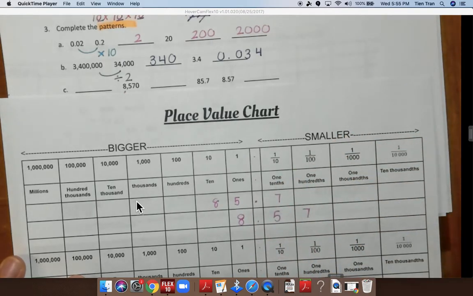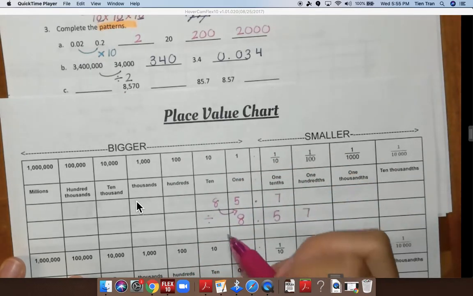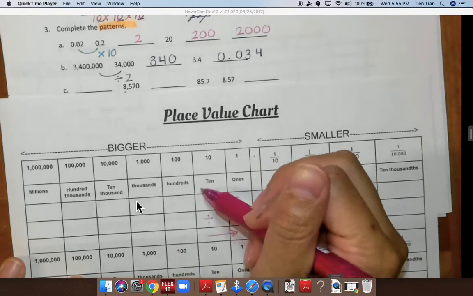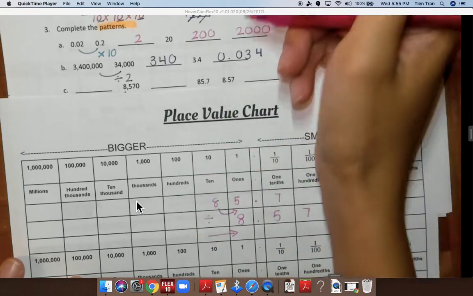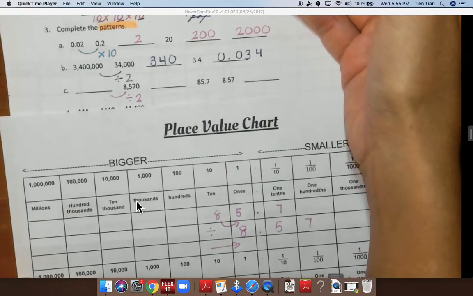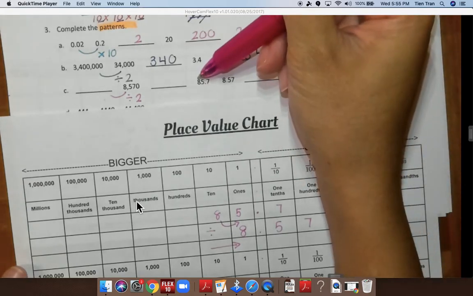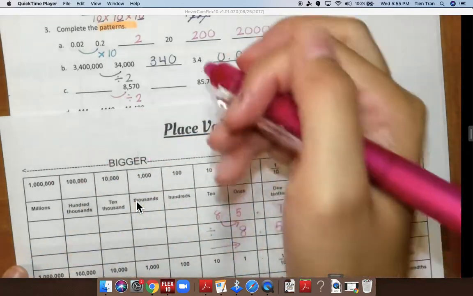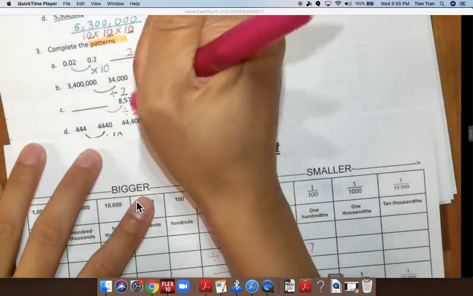So it looks like my number is moving over once, okay? So that means that I am dividing because it's moving to your right, and I'm dividing by 1 because I only move over 1 time. So all of these numbers mean that you're going to move over only 1 time, right? 85, and then I move to 8.57. So I'm only dividing by 10.